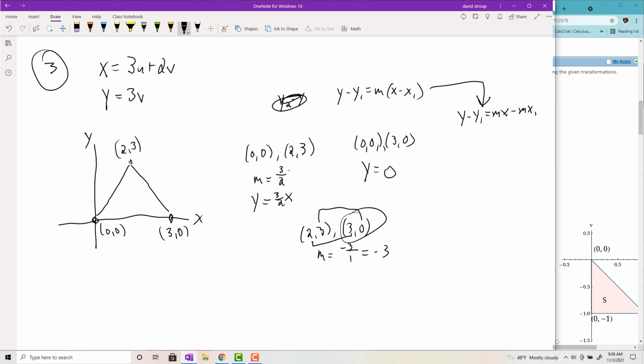So you would get mx plus y equals minus mx1 plus y1, which doesn't look very helpful, but that's kind of the form you're usually going to be going after. So anyways, we have y minus 0 equals negative 3x plus 0.